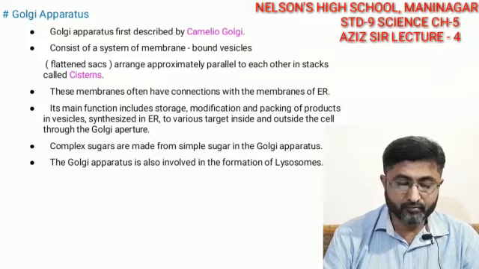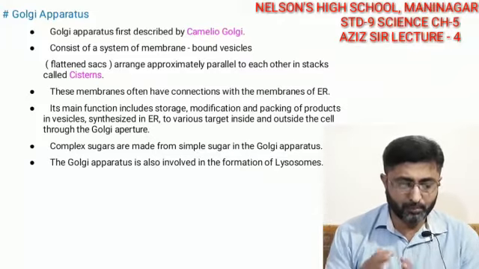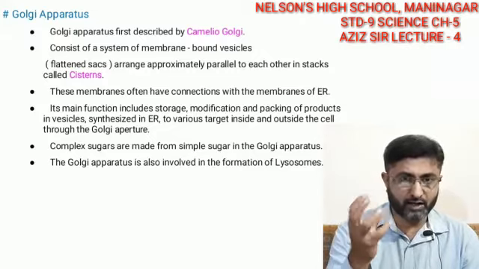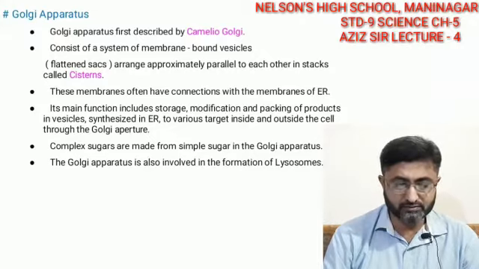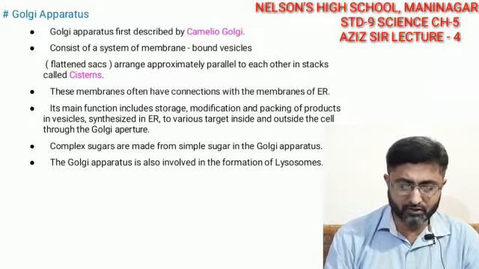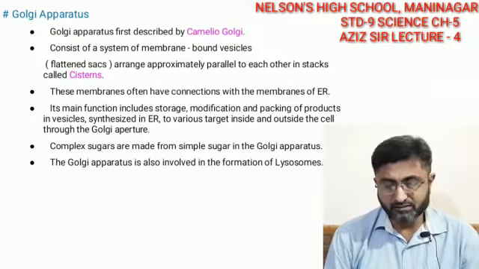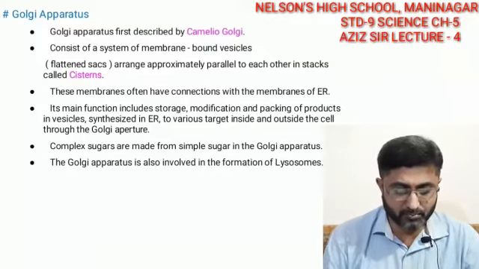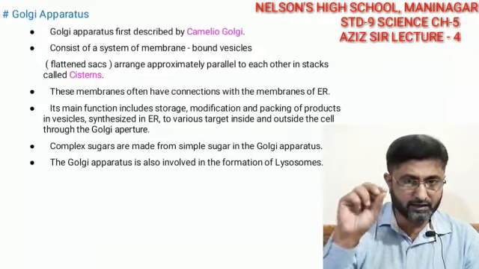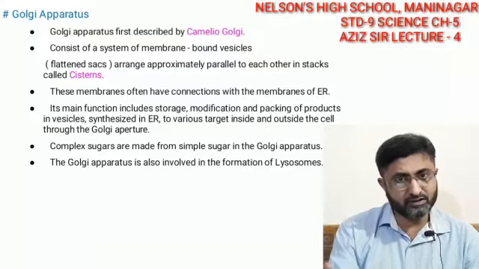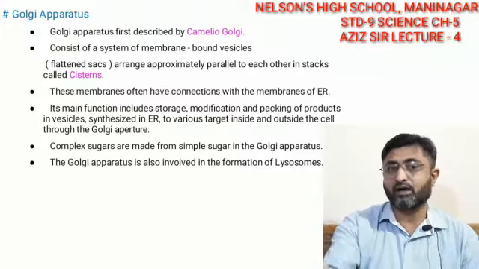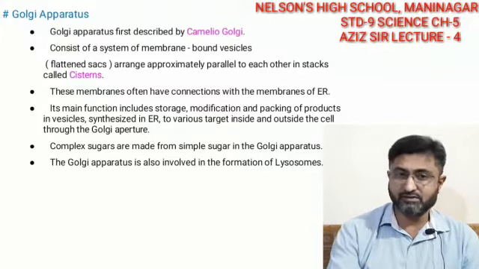These products are packed in vesicles. A vesicle means a round ball-like structure. Whatever is synthesized in the ER is sent to the Golgi apparatus for these purposes, and then sent wherever it is needed.